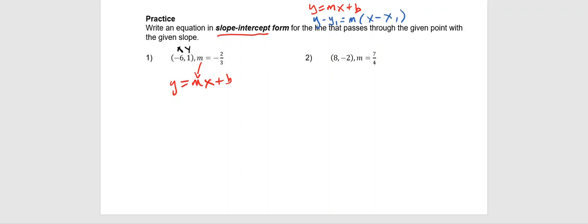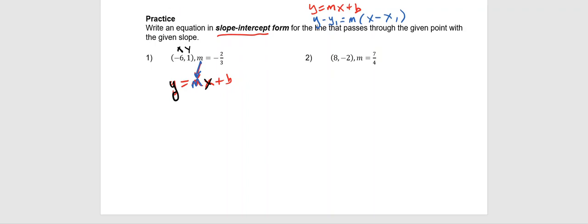Whereas in point slope form, I would be substituting these values in for x1, y1, in slope-intercept form, the only place I have in which to substitute those values is in for x and y. So I'm going to be able to substitute for x and for y. Likewise, I'm going to be able to substitute in for m. And that means the only thing I'll be left to solve for is b. So let's go ahead and do that.